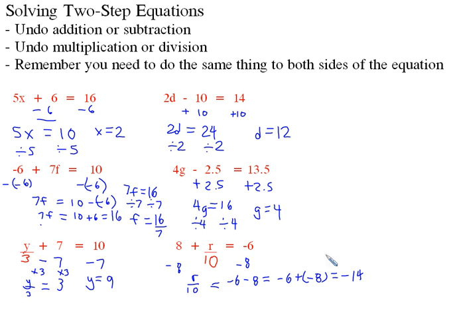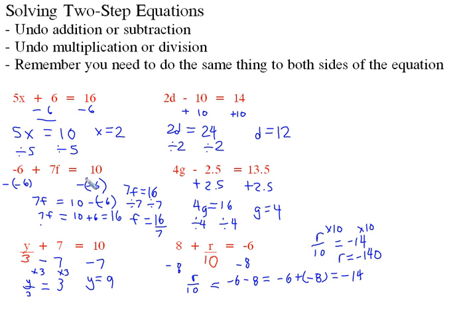And so now we just have r over 10 is equal to negative 14. So I have to multiply both of these by 10. And I see now that r is equal to negative 14 times 10, so negative 140.